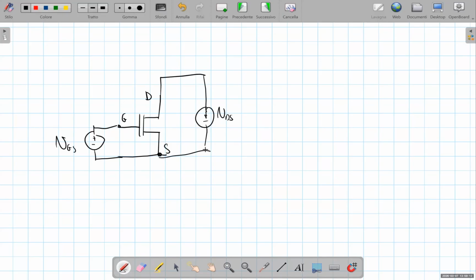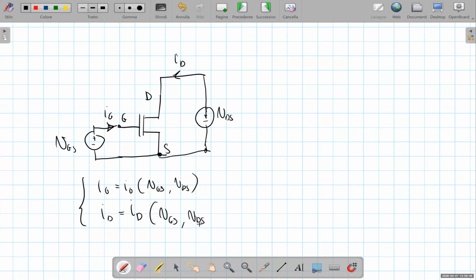In order to describe the behavior of this device, we basically discuss how the current flowing through the gate and the current flowing through the drain behave while varying VGS and VDS. So basically what we will get is IG as a function of VGS and VDS, and ID as a function of VGS and VDS.